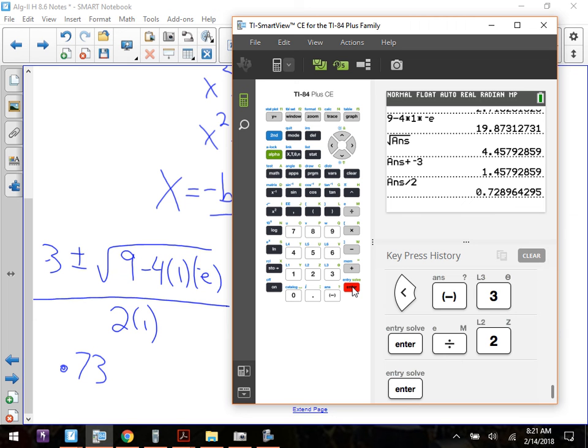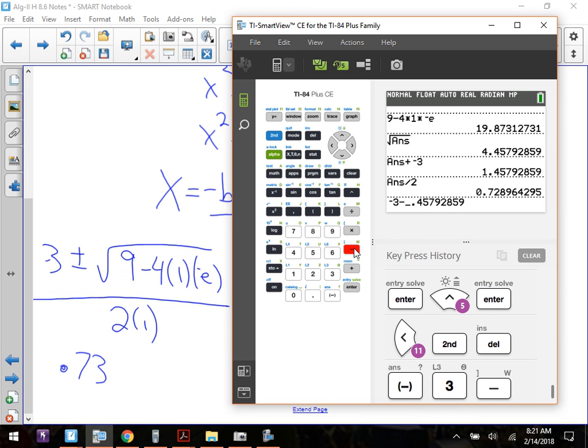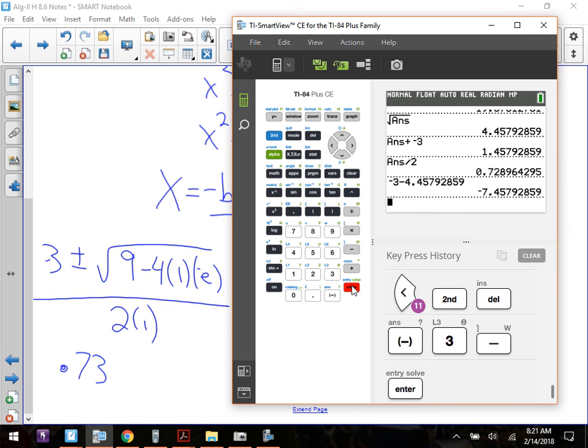And then I do the same thing. It's sometimes easier to go back up, and then I just move it in front. Divide that by 2.